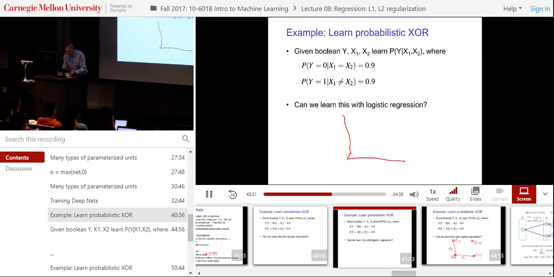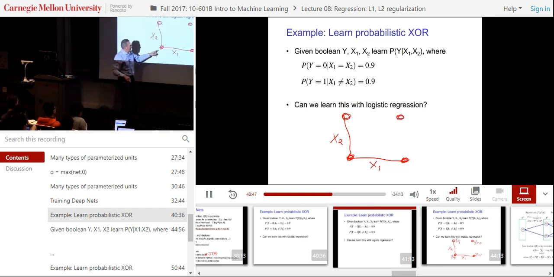Maybe I should flip this down so I can draw in a more sane way. Okay, so x1 can be either 0 or 1, and x2 can be either 0 or 1. So there are really only 4 possible inputs, x1 and x2, both 0, both 1, or whatever.